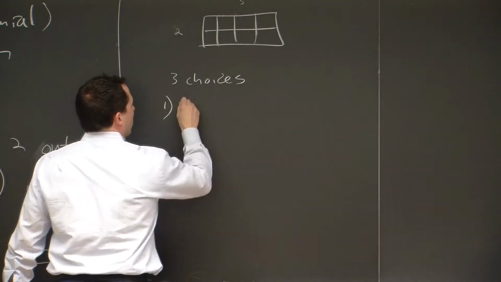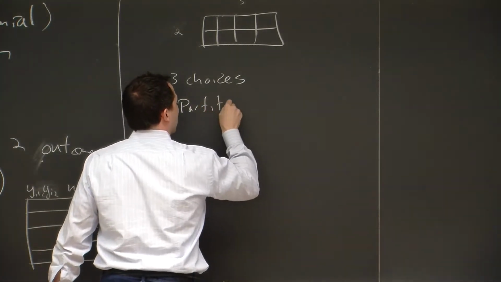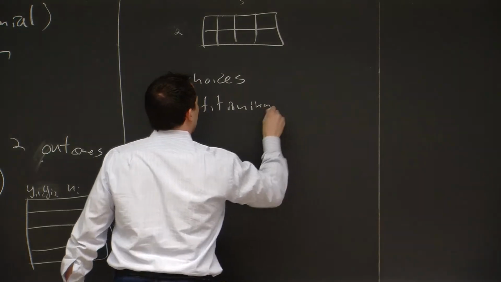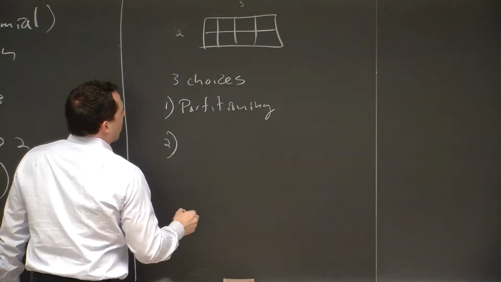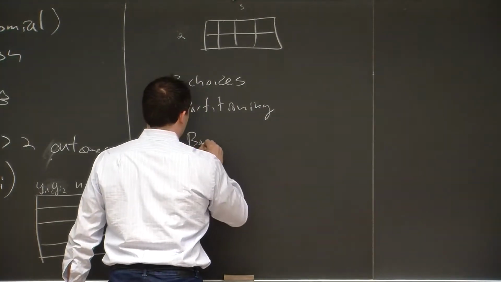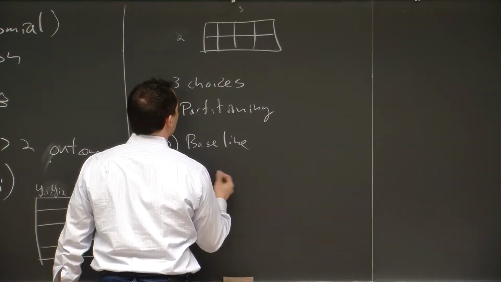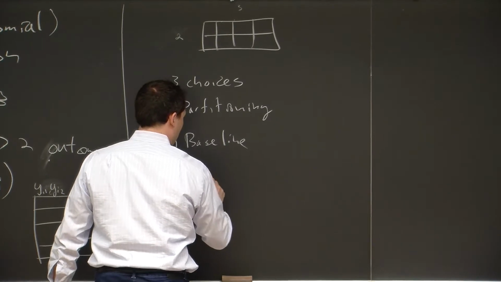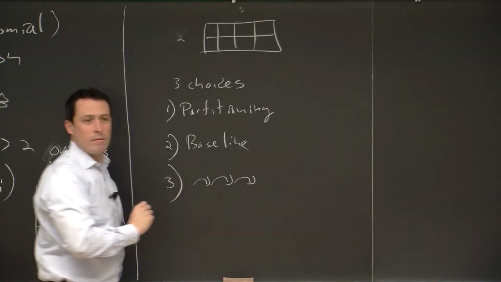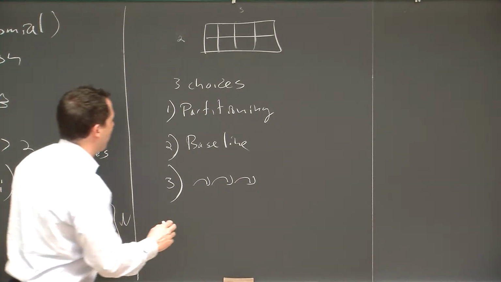One of them was partitioning. Another was baseline. And another, I don't know if we even had a name for it, was this kind of model: changing baseline.